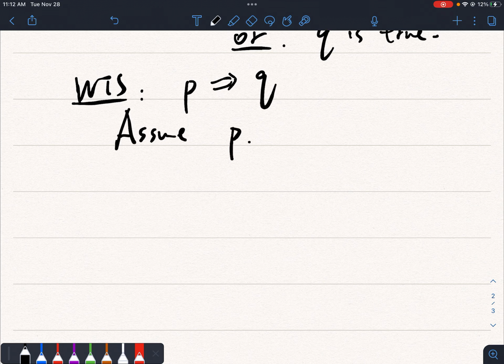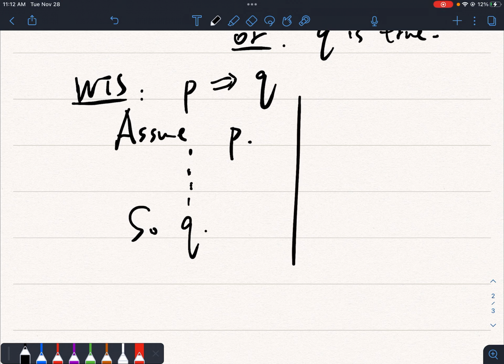We first assume P is true, which means now this is an assumption or a condition that we can use. Okay, and then after some steps you use the assumption of P. Usually you have to use the assumption of P, since it's usually not possible to prove Q directly, so you use the assumption P to deduce that in the end you have Q. So then to conclude P implies Q.